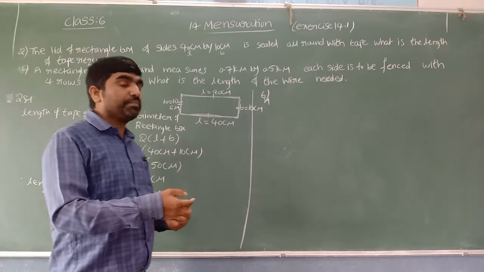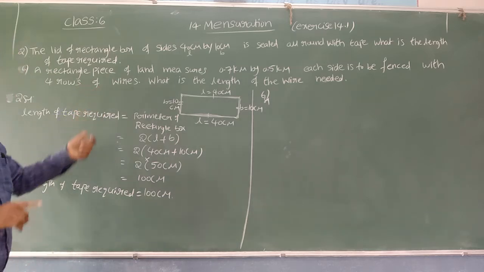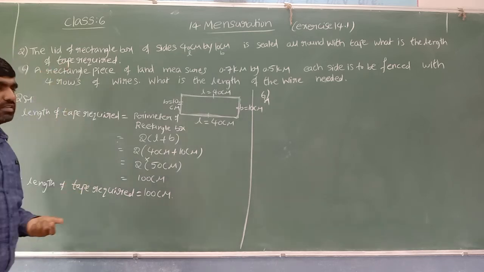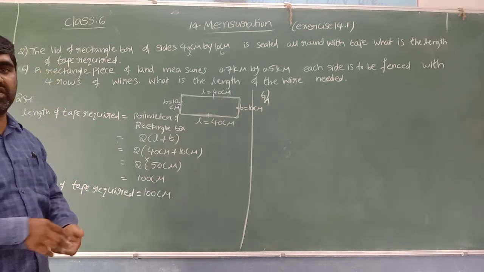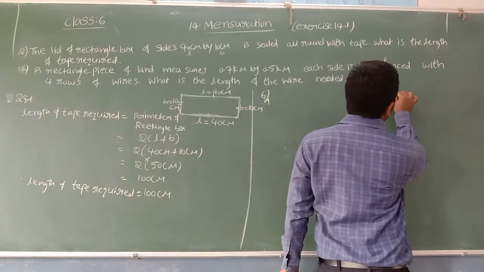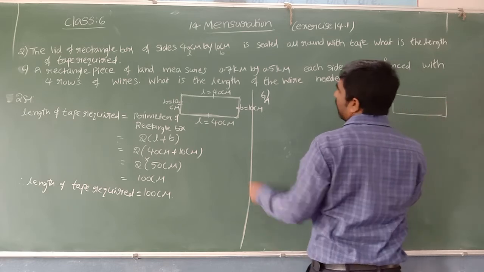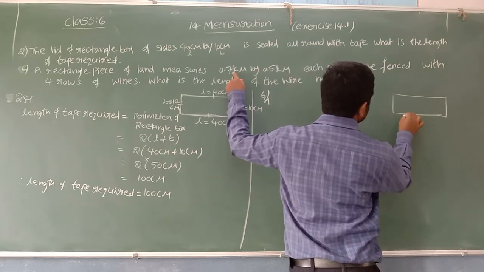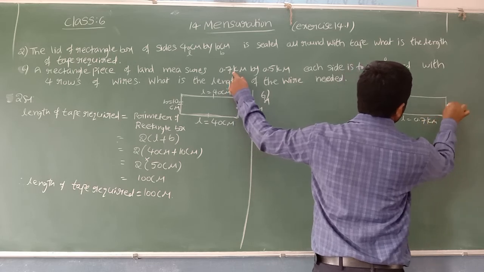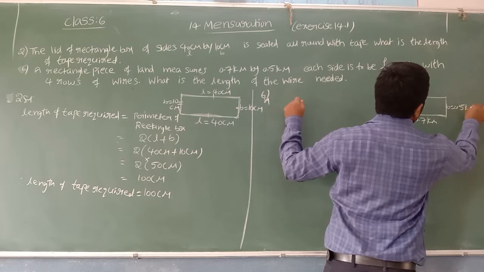So first we have to find the length of the wire required for one row. After getting that, we can easily find how much is required for 4 rows by multiplying with 4. Now the question is about a rectangular land whose length is 0.7 kilometers and the breadth is 0.5 kilometers.